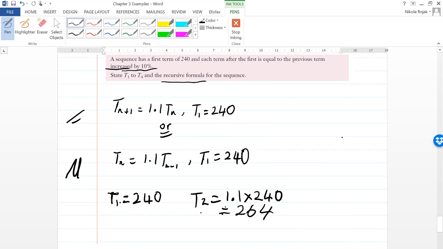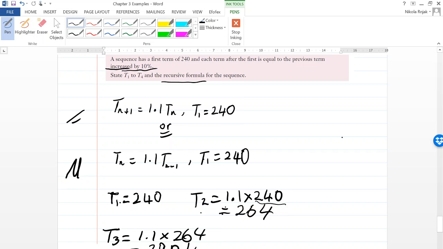So you can think of this as just finding 10% of 240, which is 24, and then adding 24 to 240. So if you did 240 plus 24, you'd get the same answer. Or you can use the formula, okay? Term 3. So if we're finding term 3, it's going to be 1.1 times 264, which is equal to 290.4.